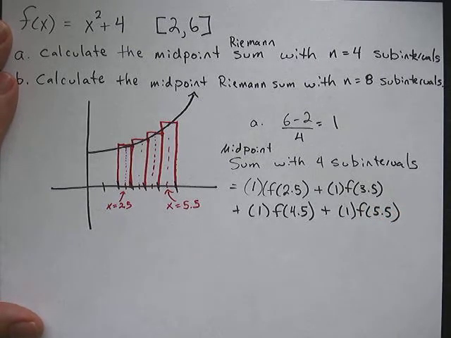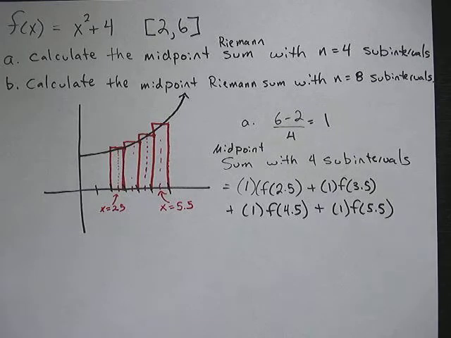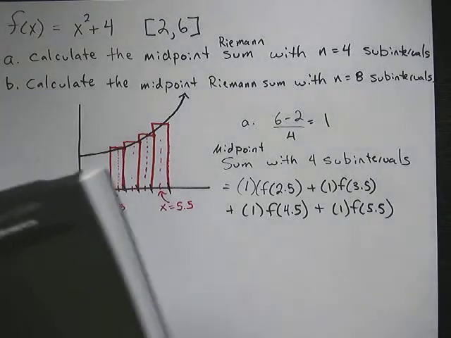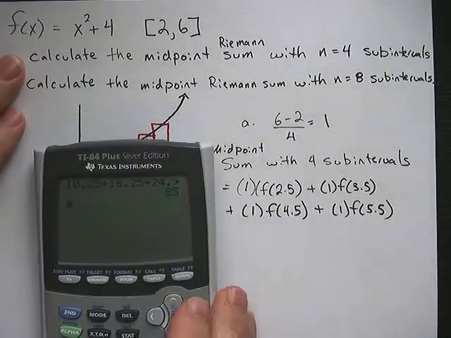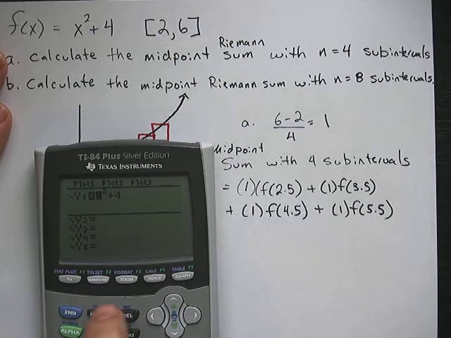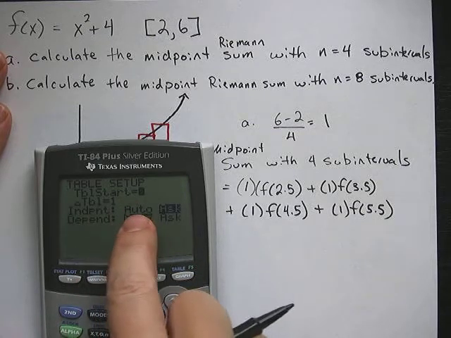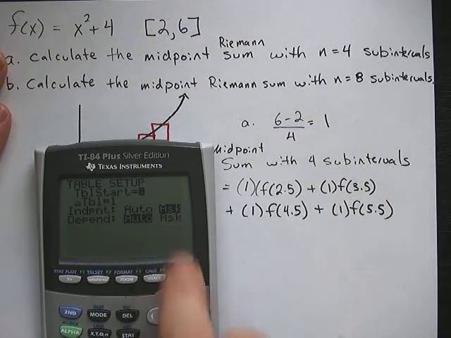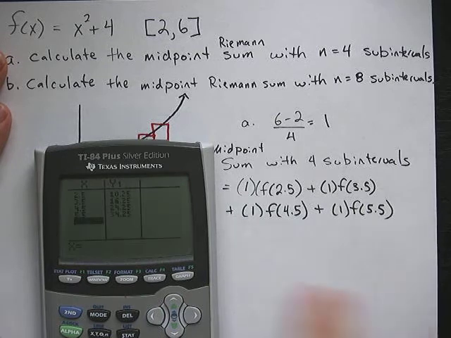Now to figure out those, you can plug them into your calculator. I've got them in my graph. I plugged them into y equals x squared plus 4, and make sure you change your table setup to ask. Hit second window and change it to ask, and then hit second graph, and it brings up a table, and you'll see I have all these values down there.